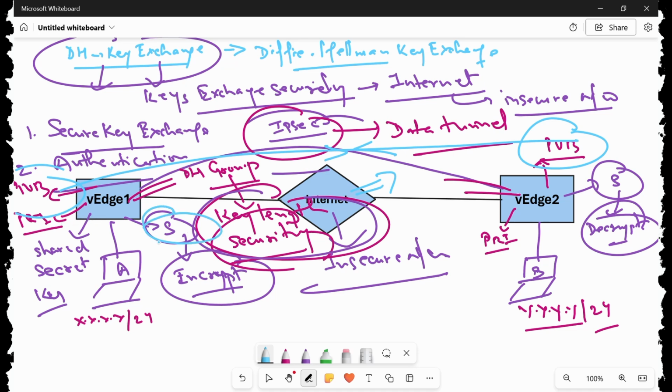Then the shared key generation will happen. Each vEdge uses its private key.